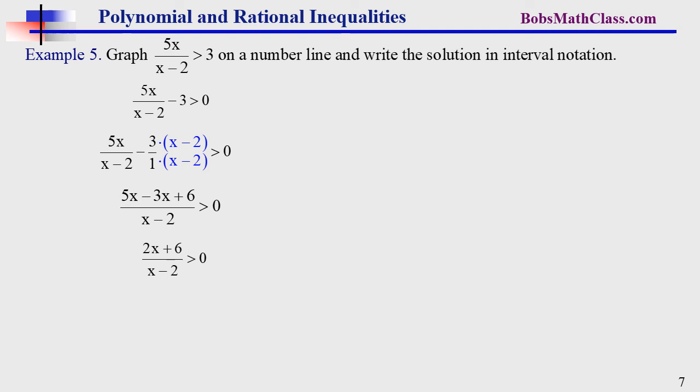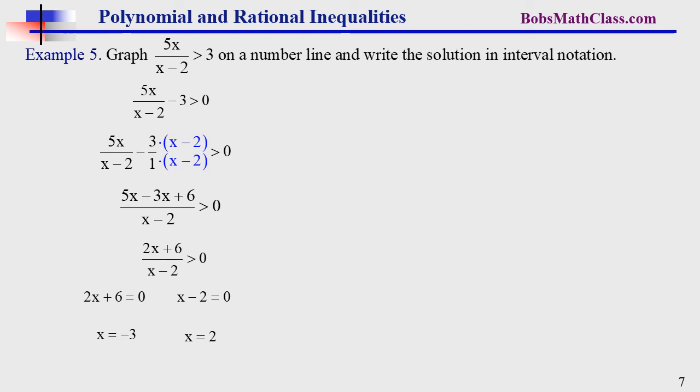Okay, so find your critical values. Set both numerator and denominator equal to 0, and solve. So on the left we get negative 3. If you subtract 6 on both sides and then divide by 2, we'll get negative 3. And on the right, add 2 to both sides.